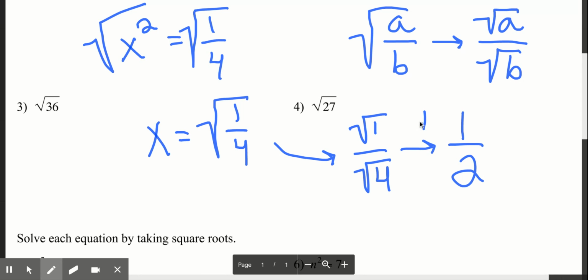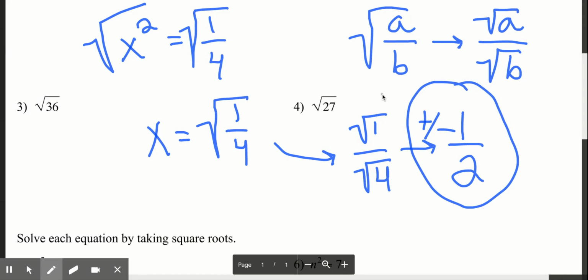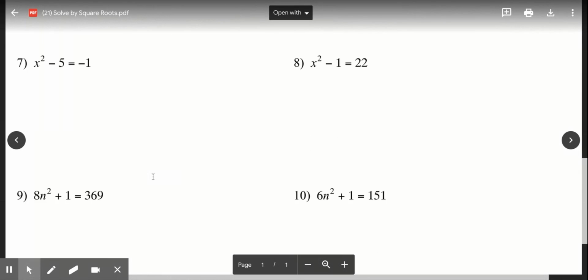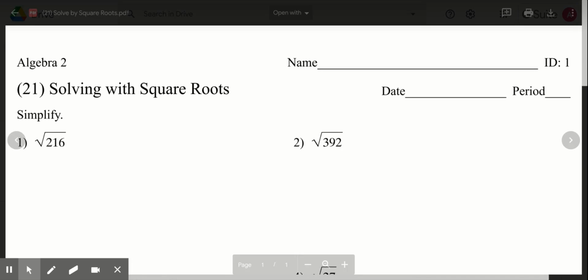And of course, I've got to remember, positive or negative. I have two options. All right, so those are some of the rules that we're covering in our first day of talking about radicals. We will have more to discuss as these things get more complicated tomorrow.